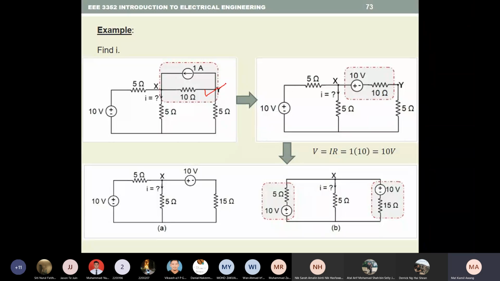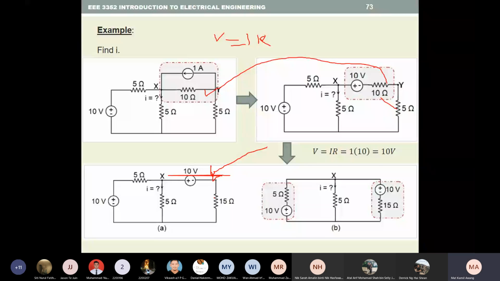This value stays the same, but this current source actually becomes a voltage source. How? V equal to I R. I is 1 amp times R is 10 ohms, so 10 volts. So it becomes like this, and you see this can be combined in series. So it becomes this.